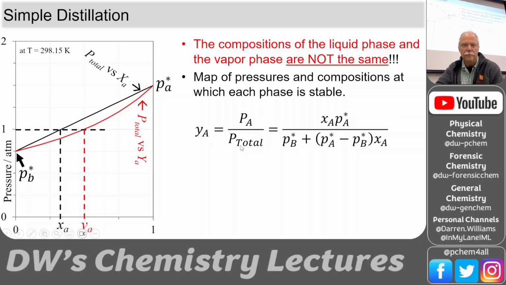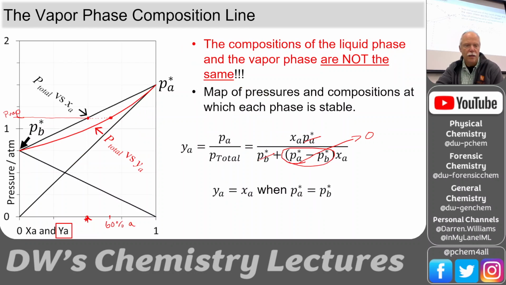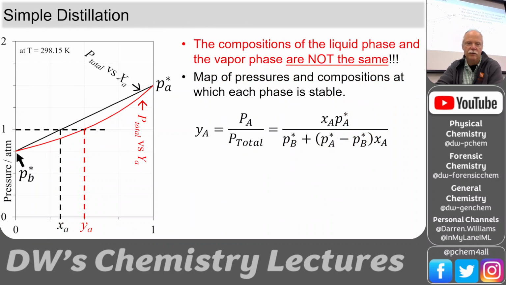Okay, so then let's look here. Basically what I just drew is this right here. So in this case, if we boil this liquid at XA, it's at 1 atmosphere now. And then if we condense this vapor, so it goes off the boiling flask into a condenser and drips into a collection flask, then the collection that we would have would be right here.